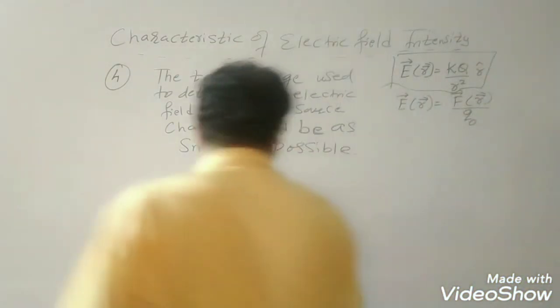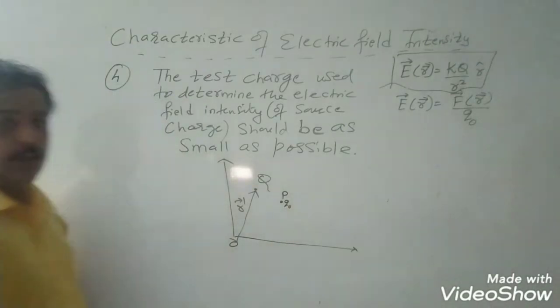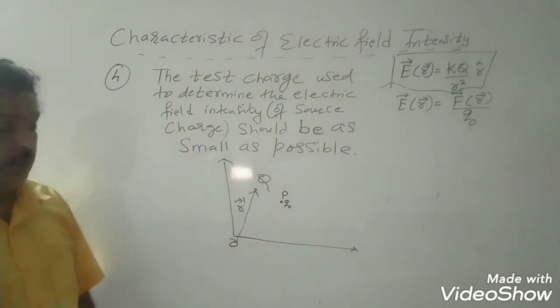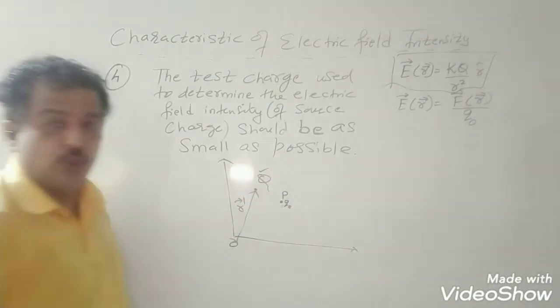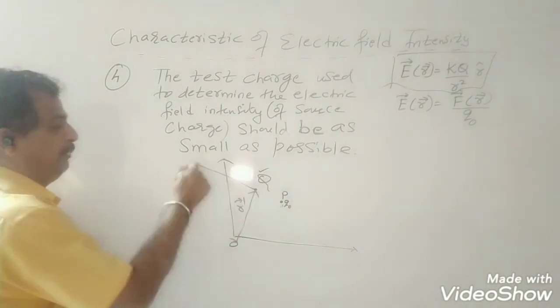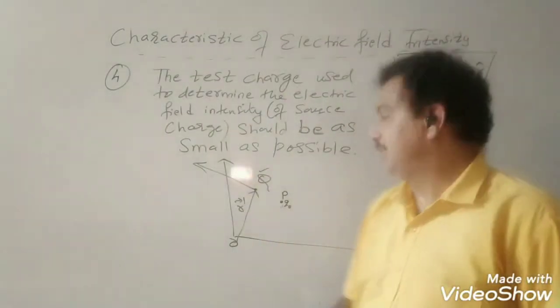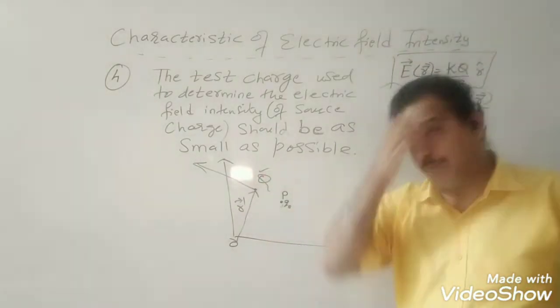Now if I place any test charge at point P, say Q naught, if its value is very large as compared to capital Q, the capital Q will be repelled away, or if it is opposite charge, it will be attracted towards it. So it should not happen.